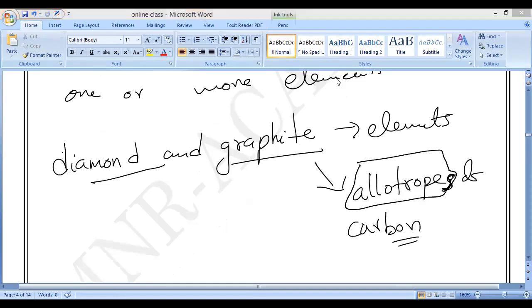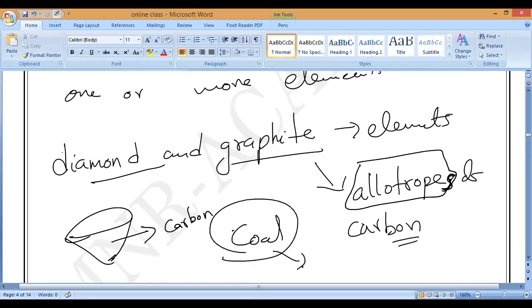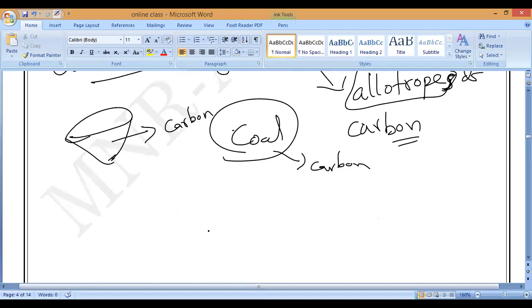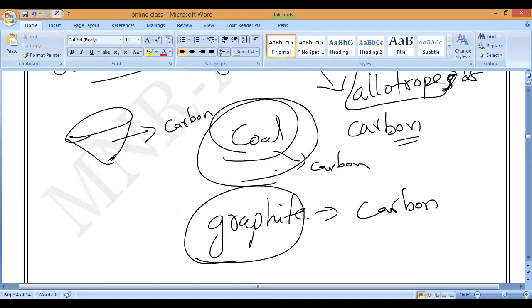So now, diamond. Is diamond a costly one or a cheap one? Diamond is very costly, and it is made up of carbon. If you take coal, it contains carbon. Yes or no? If you take a pencil lead, that is also made up of carbon. But diamond has a different structure, coal has a different structure.